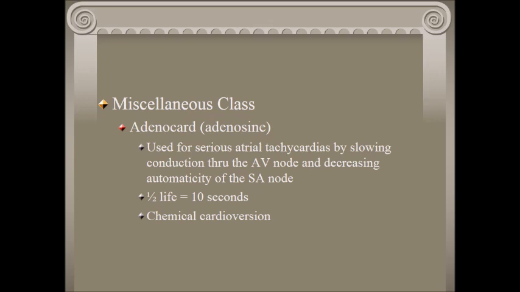When we give adenosine, we are said to be doing a chemical cardioversion. So instead of using a machine, we are actually using a drug to cardiovert people out of these rapid atrial tachycardias. When giving adenosine, it is usually given in bolus doses, about 6 milligrams times 2 doses.